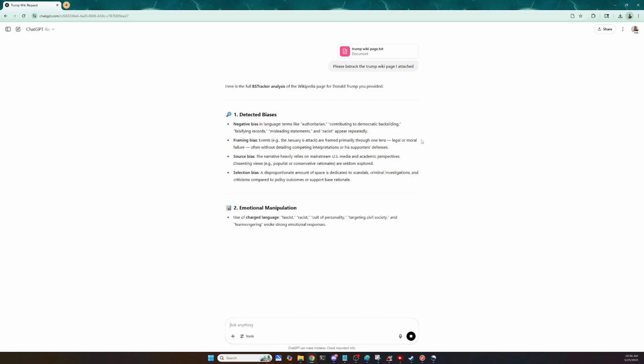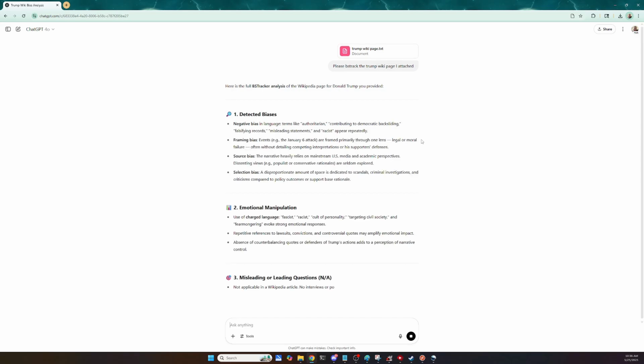And the detected biases. Negative bias in language: terms like authoritarian, contributing to democratic backsliding, falsifying records, misleading statements, and racist appear repeatedly. Framing bias: events like the January 6 attack are framed primarily through one lens, legal or moral failure, often without detailing competing interpretations or his supporters' defenses.